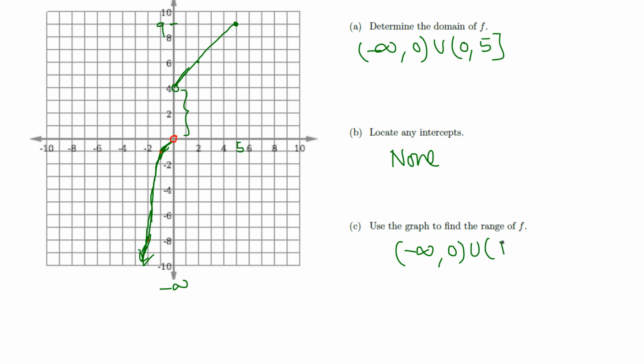Union 4 is not included, 9 that is included because we have a dot, so up to 9. So these values are skipped, but we have all the way negative infinity through 0, 0 not included, and starting at 4 all the way to 9, 4 is not included. Final.